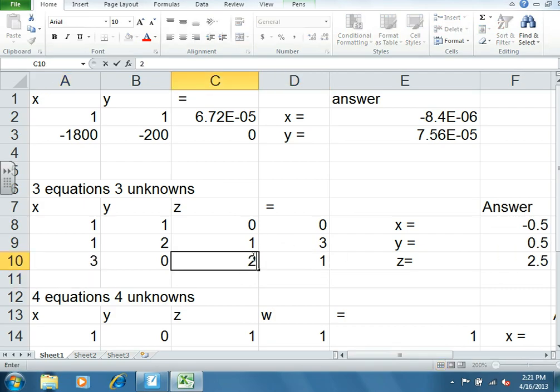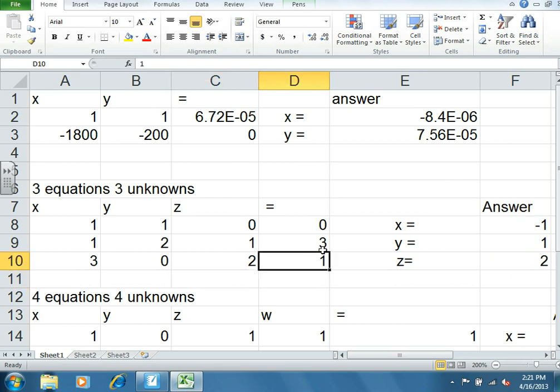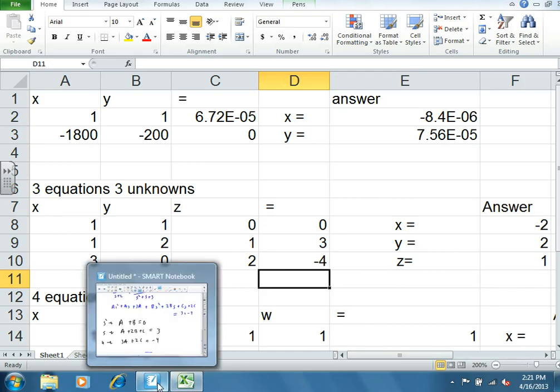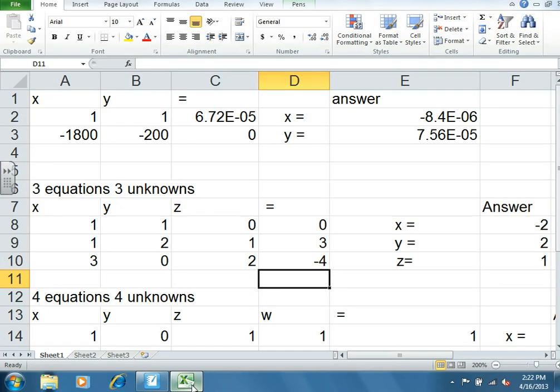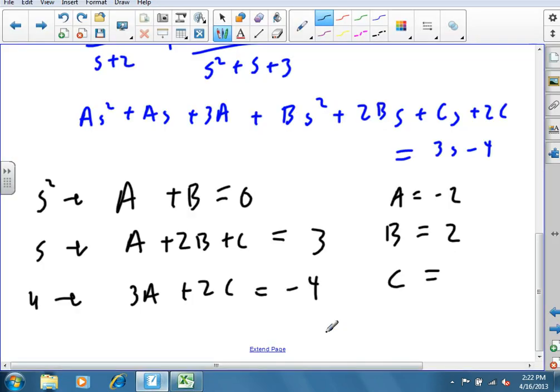And I'm going to get that A is minus 2, B is plus 2, and C is 1. I'm going to look back in here, and they all check.